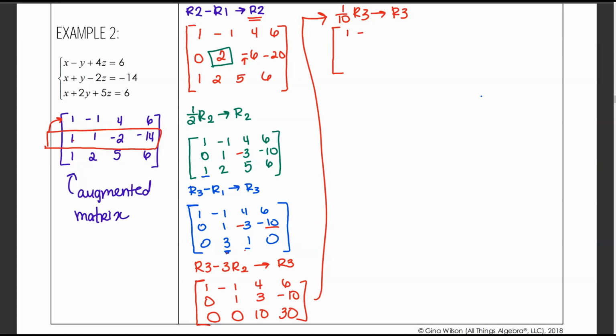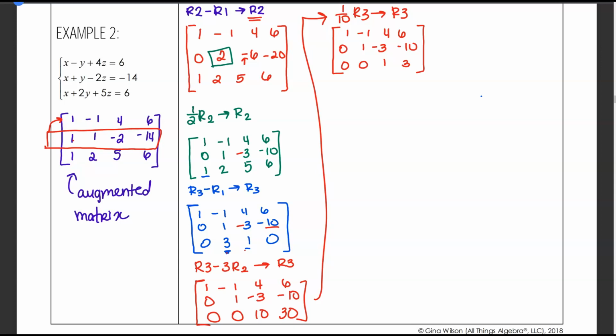Row 1 will stay the same. Hopefully I'm copying all these numbers correctly. I believe that should be a negative. And then I'm going to have 0, 0, and then 1, 3. And now we have it in row echelon form.